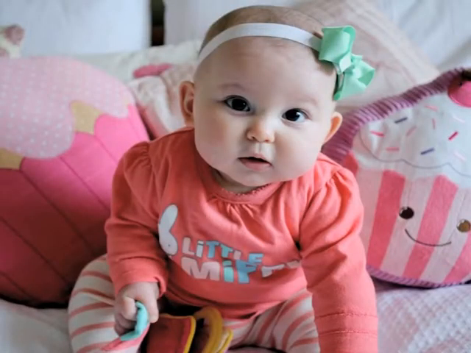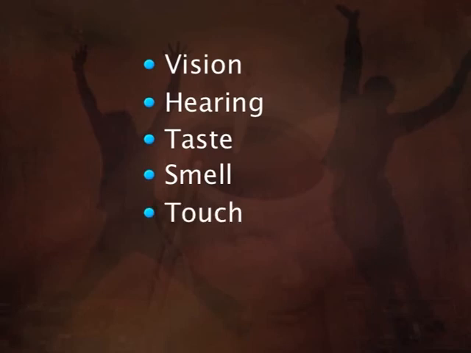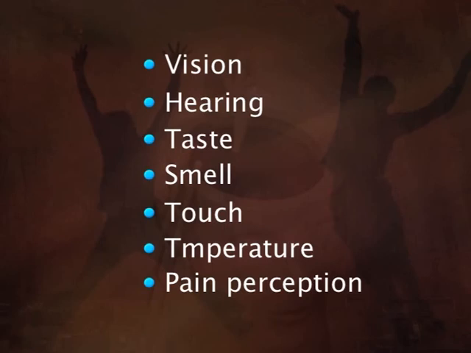We will now look at the gross motor changes taking place during childhood physical development. At 6 months of age, infants show basic distinctions in vision, hearing, taste, smell, touch, temperature, and pain perception.